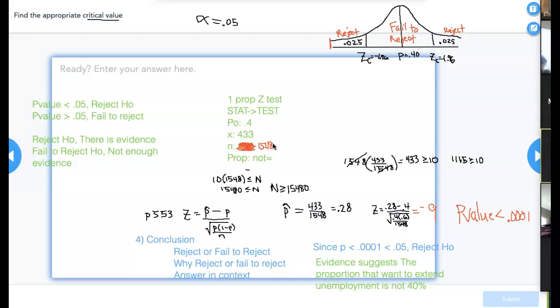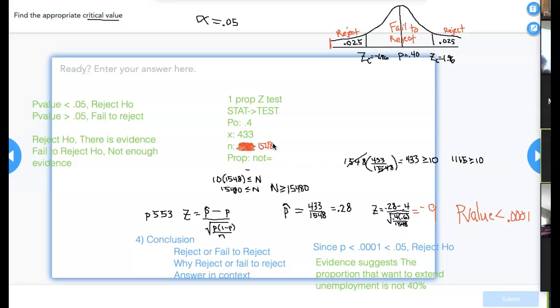So if we go back and change our one prop z test from a not equals to a less than, and calculate, we get the same z-score. We get a p-value of 0. Okay, the p-value is really, really small if we do a left tail test.